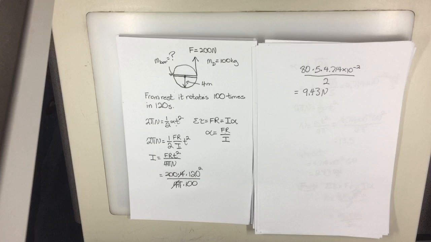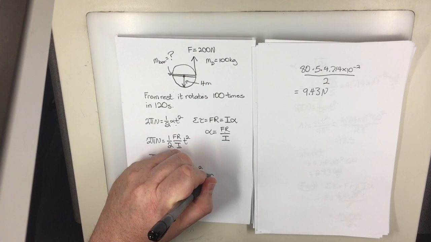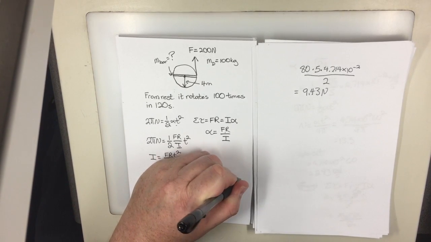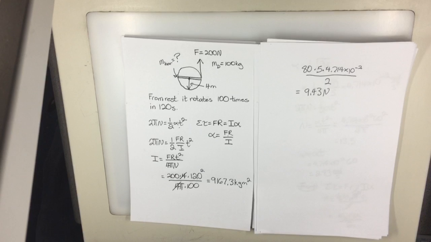That 4 cancels out with that 4. Should have made the time 100 seconds. And I get 9167.3 kilograms meters squared. So if I simply asked for what the moment of inertia was of the system, you would get that number.